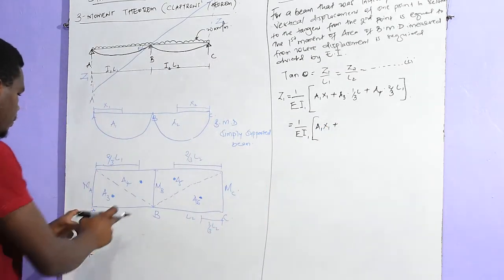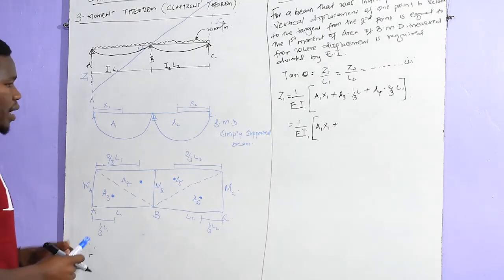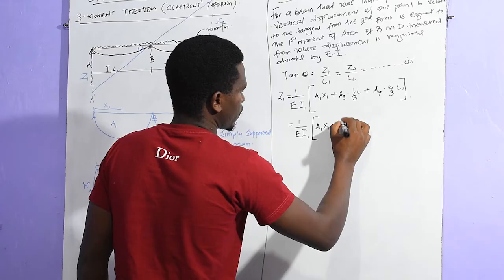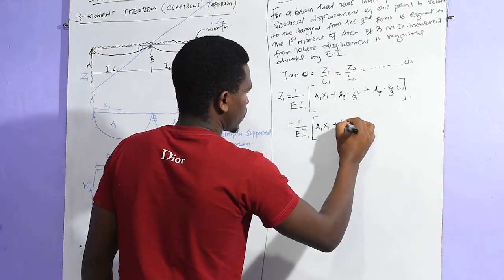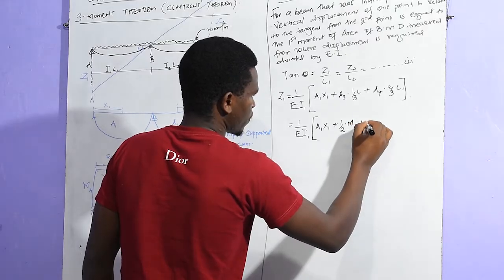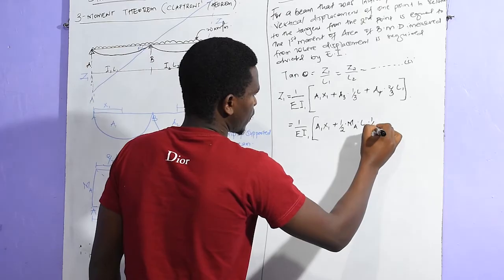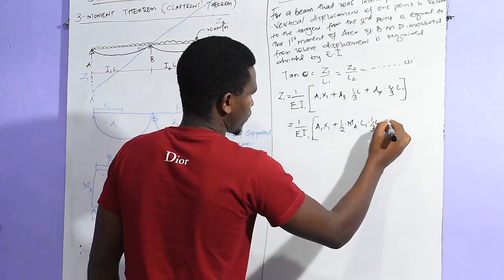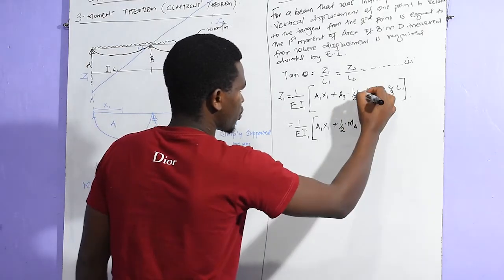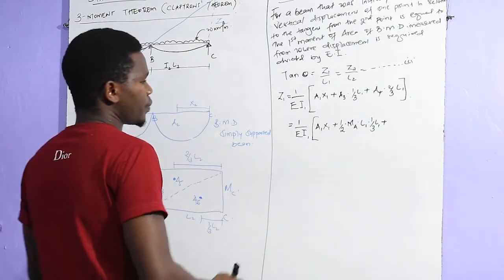Area 3 will be given by a half, moment at A multiplied by L1, and then you multiply by a third of L1.